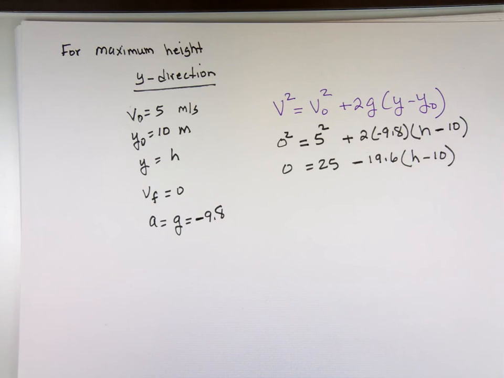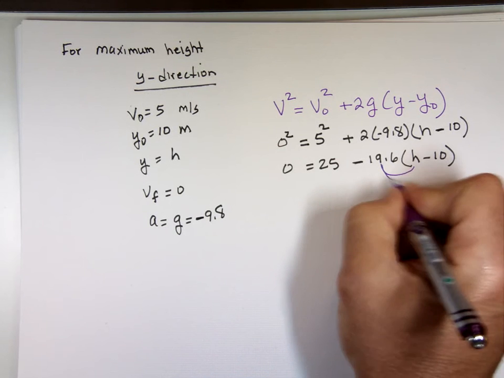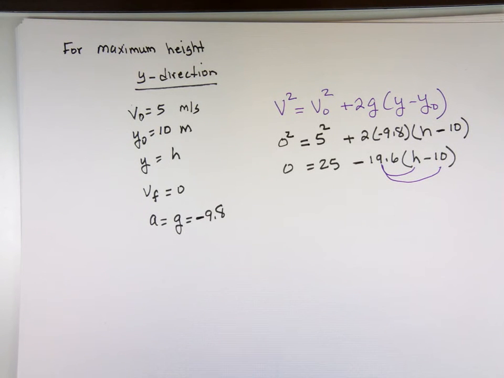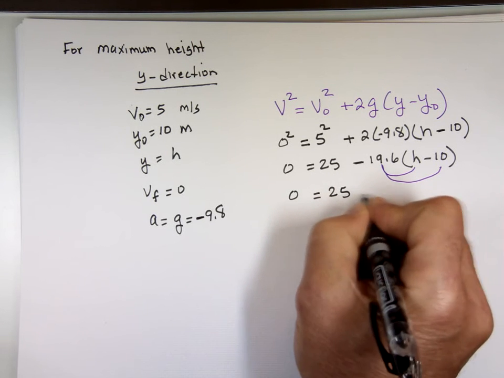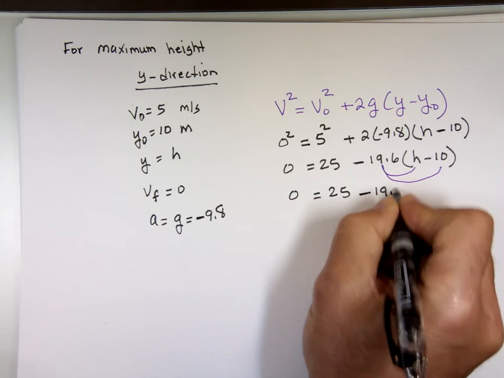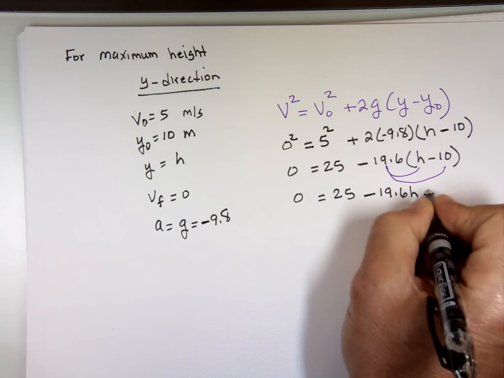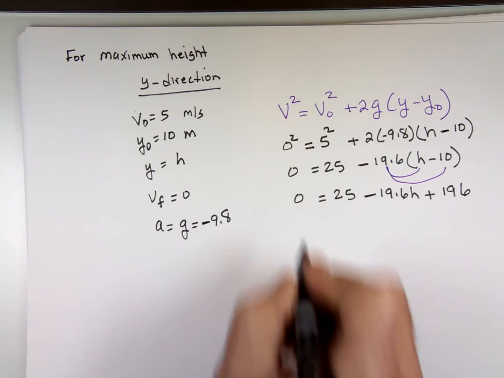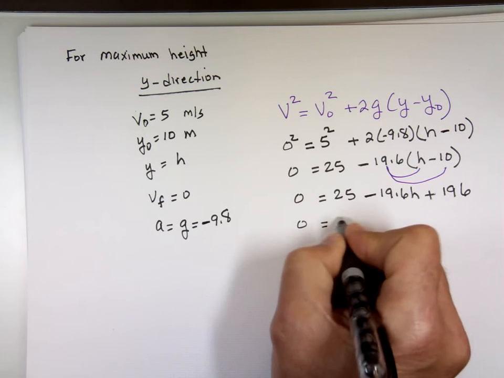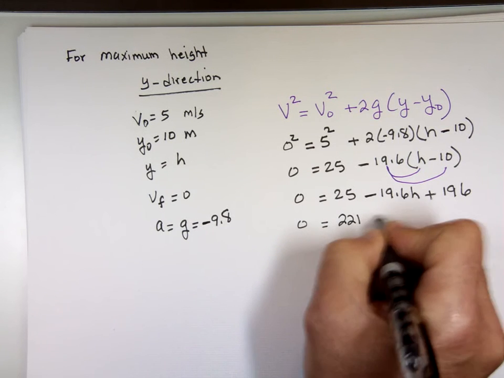Now distribute that one. 0 equals 25 minus 19.6h plus 196, which is 221 minus 19.6h.